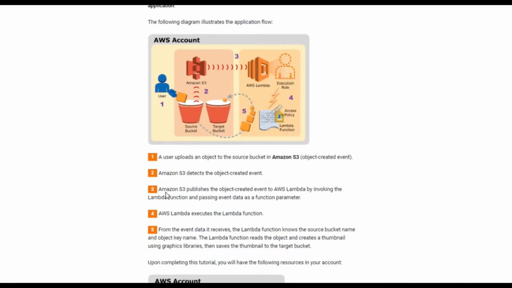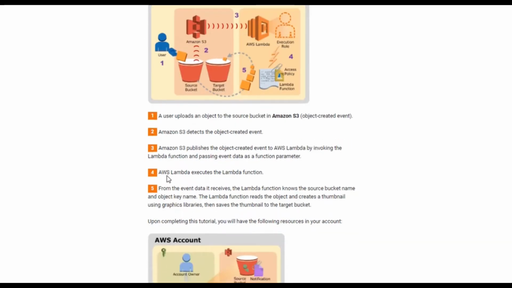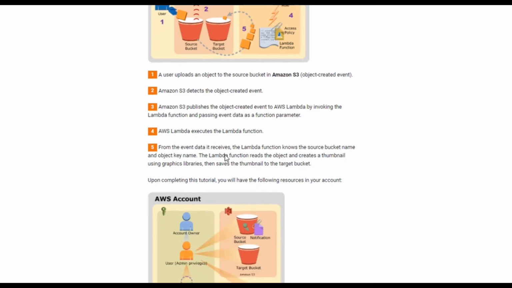Third, Amazon S3 publishes the object created event to AWS Lambda by invoking the Lambda function and passing event data as a function parameter. In the fourth step, AWS Lambda executes the Lambda function, and in the fifth, from the event data, the Lambda function knows the source bucket name and object key name. The Lambda function reads the object and creates a thumbnail using graphics libraries and then saves the thumbnail to the target bucket.